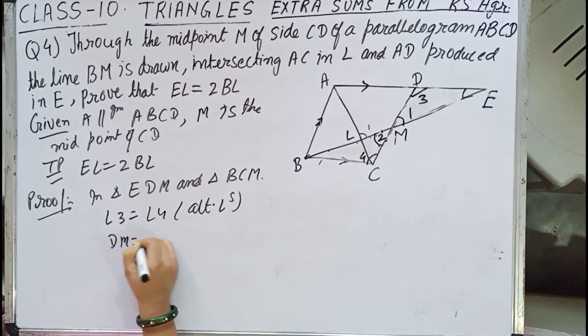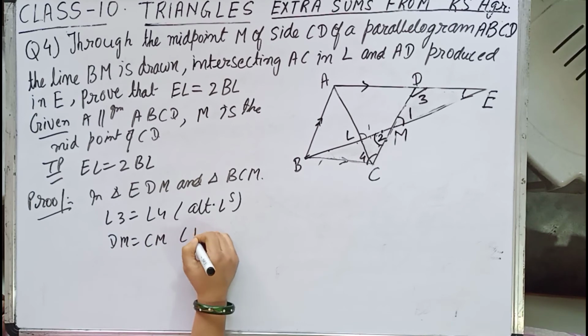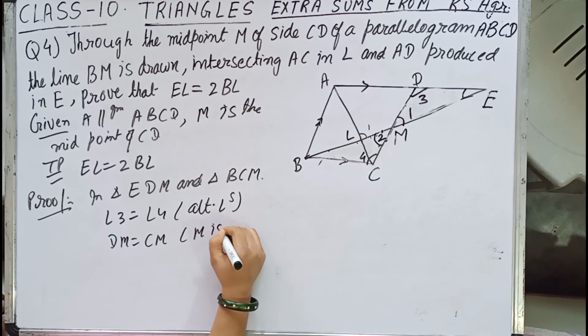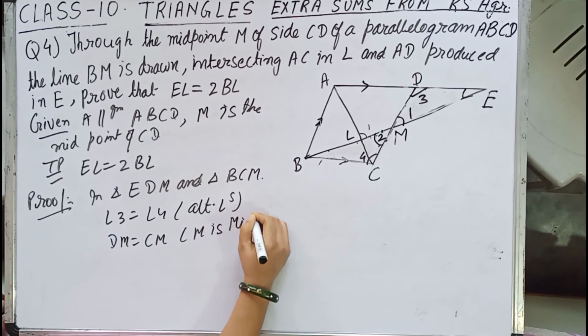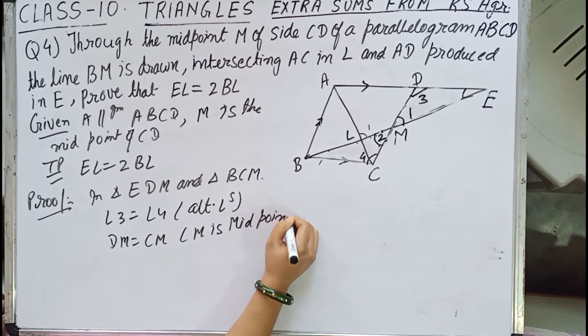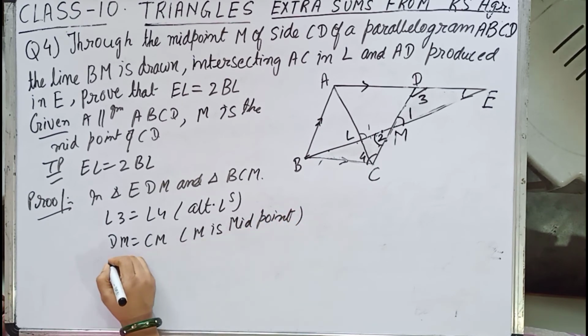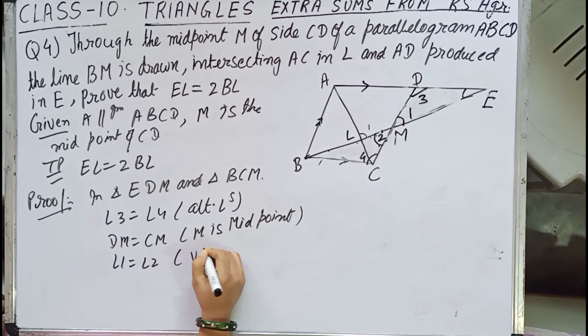Then DM equals CM, M is the midpoint. And angle 1 equals angle 2, vertically opposite angles.